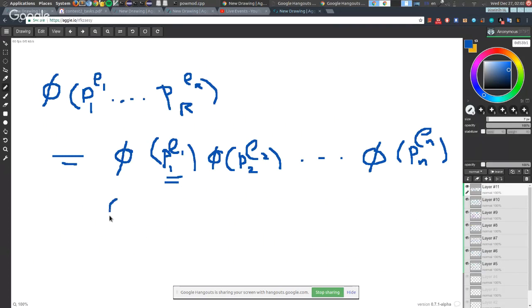So basically, we divide this number by p, and we get p1 to the power of a1 minus 1 times p1 minus 1.